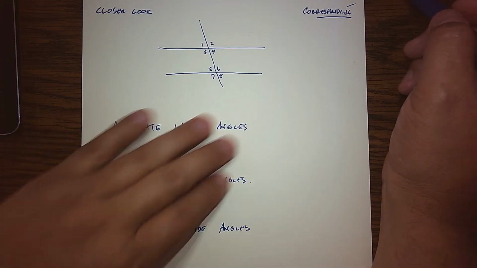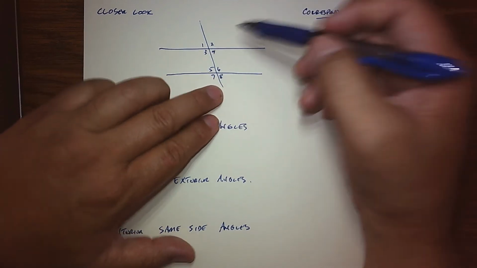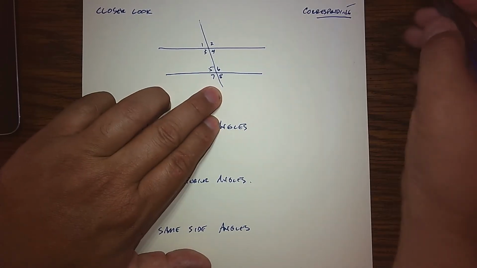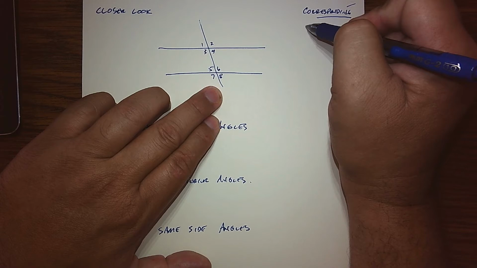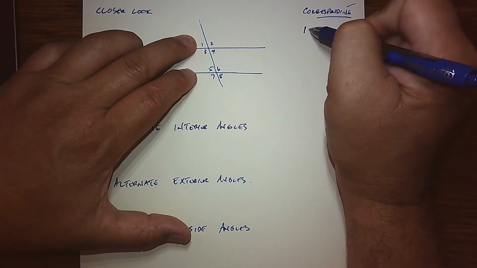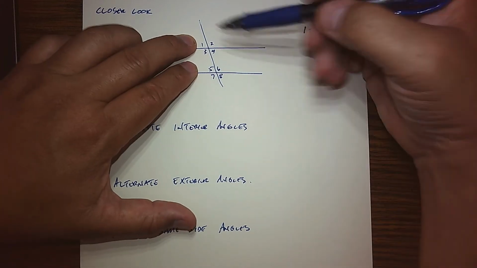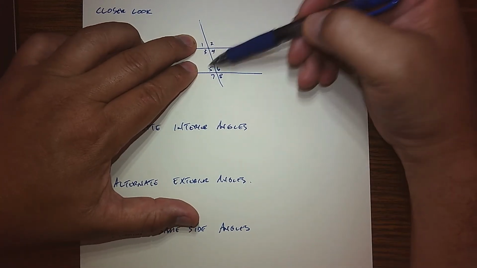All right, essentially because these 2 lines are parallel, we have 2 angles that actually correspond to each other, and that makes them equal. So our first set, 1, is actually corresponding to and equal to angle 5, because if we take a look at this, again, these are parallel lines.